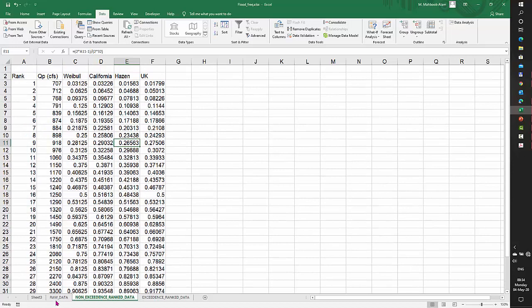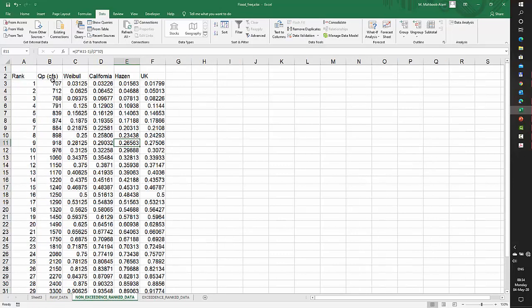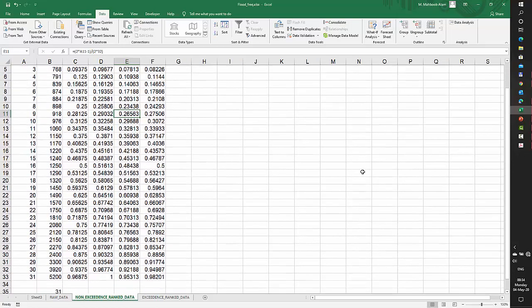What you have to do is get all of your data. You just take all this data, copy it from that place, paste it here, and order it in ascending order.